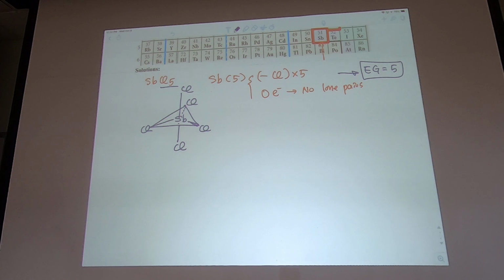So the way people write it is Sb, with this on the plane, this out of the plane, and this moving away from the plane. You should visualize this forming a triangle that is perpendicular to the axial axis. That's how they do it. And then they ask, what's the hybridization?